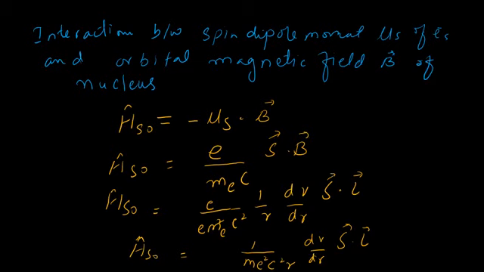Here S represents the total spin angular momentum, and L represents the total orbital angular momentum. This term represents the interaction between the spin dipole magnetic moment and the orbital magnetic field B of the nucleus.